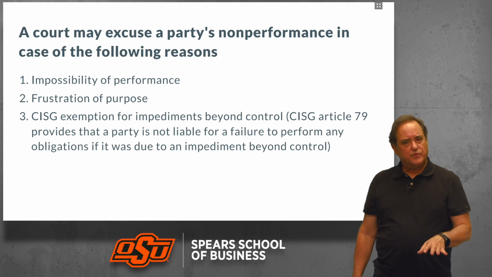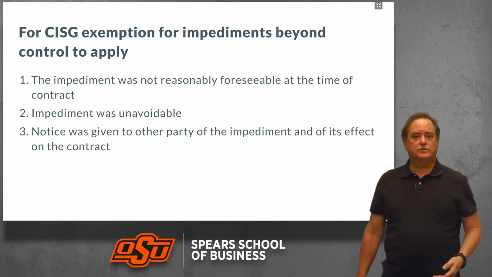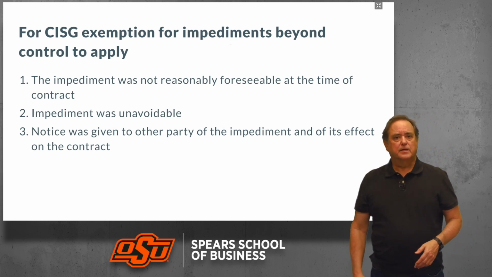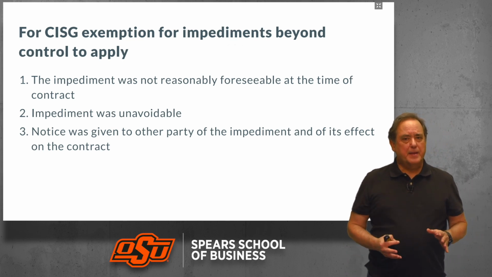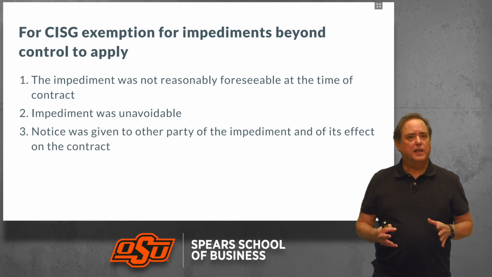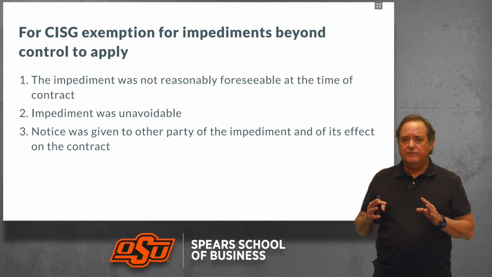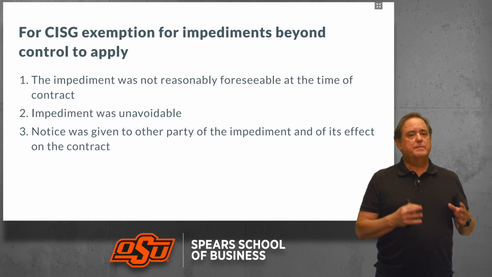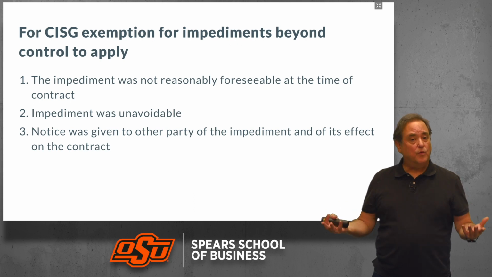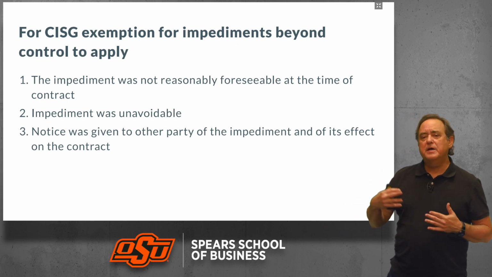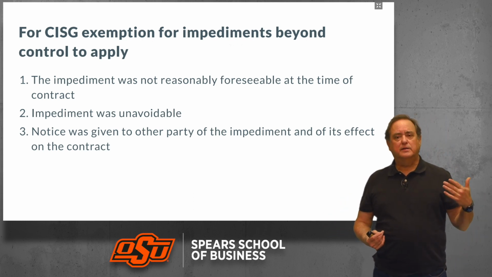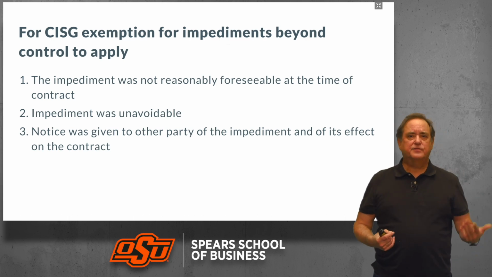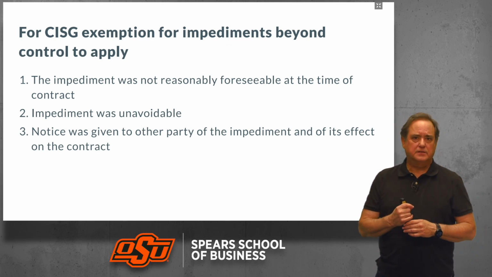It is an excuse for non-performance, but it is one that is difficult to recover. For this impediment beyond the control to apply, we must show that the impediment was not foreseeable at the time of the contract. We must show that the impediment was unavoidable, and we must give notice to the other party of the impediment and its effect on the contract.